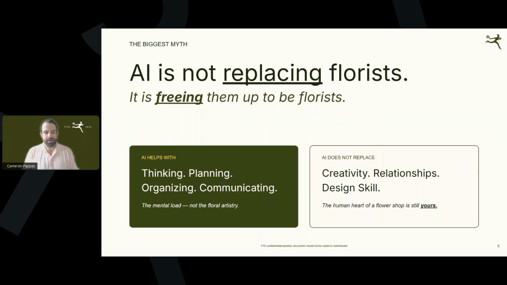So what it doesn't replace, though: creativity, which most of you probably have, relationships, design, and talent. The real reason why people walk into a flower shop, I tell people, nobody walks into Norton's because I make great spreadsheets, and I make some really killer spreadsheets, but they walk into Norton's Florist because of how we make them feel.